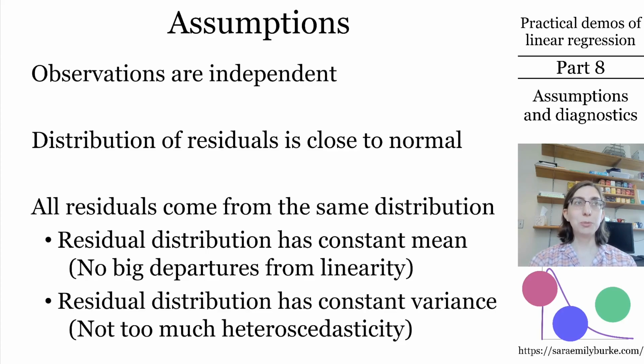Problems with the distribution of residuals can typically be found by looking at plots of those residuals. The key thing to remember is that none of these have strict cutoffs. Linear regression is a pretty reliable tool, and it chugs along just fine with minor violations of these assumptions. We just need to be aware of when we're violating the assumptions, how extreme those violations are, and what it means for the reliability of our results.